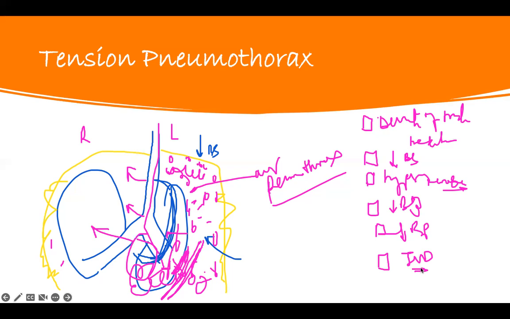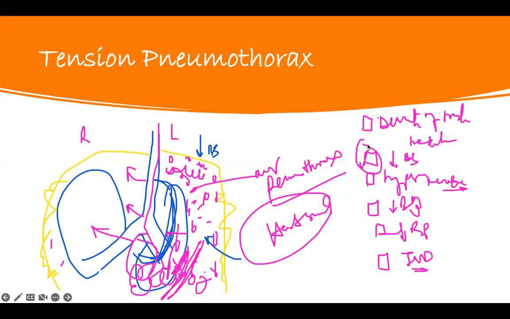So when you're looking at it, it looks the same as cardiac tamponade, except the heart sound doesn't change. Your heart sound, there's nothing wrong with it. And then there's breath sound.